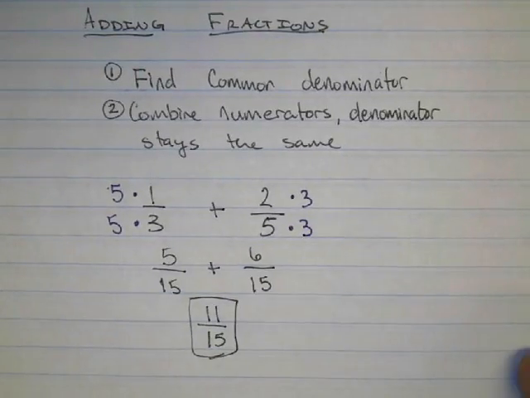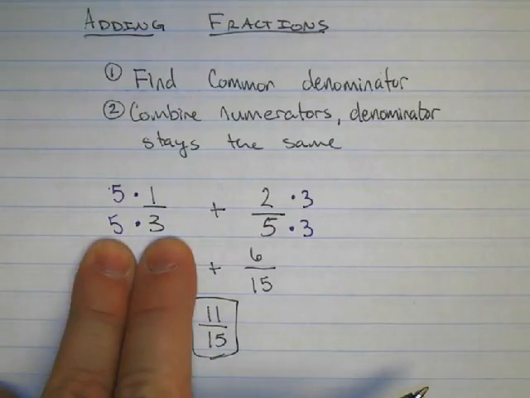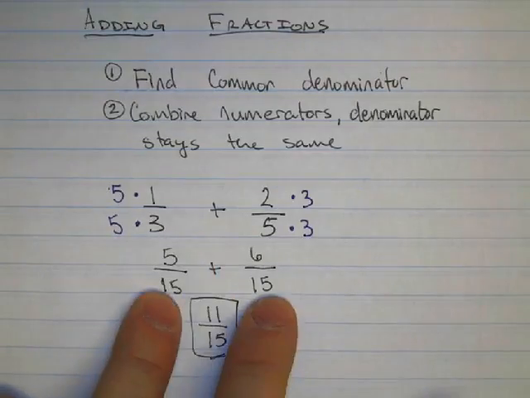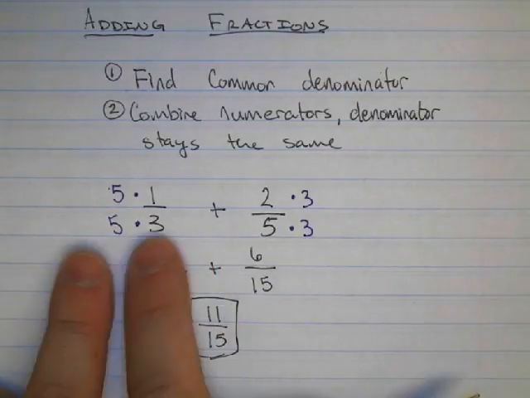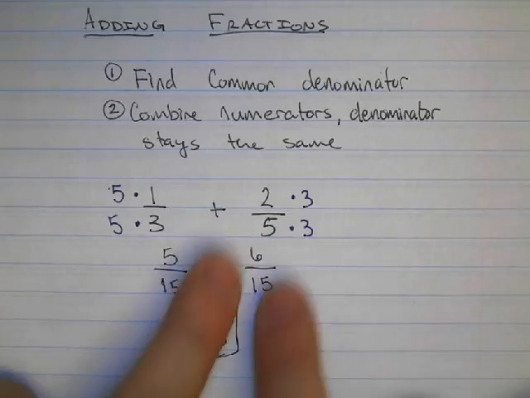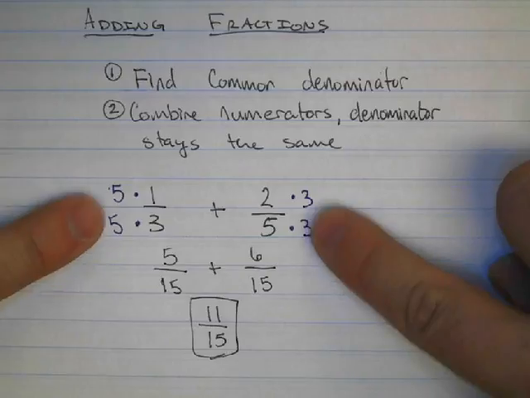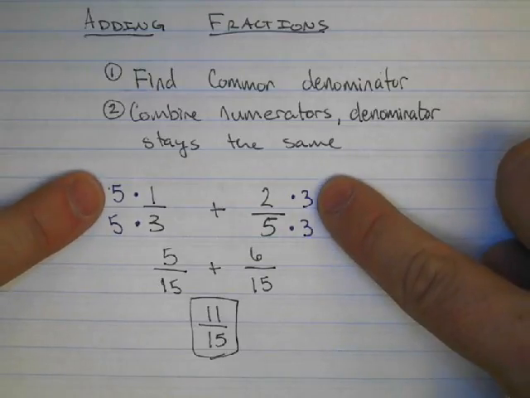There we go. By multiplying the denominators together, 3 times 5, we can always get a common denominator this way. 3 times 5 is 15, 5 times 3 is 15. And we just have to remember whatever I do to the bottom, I do the same thing to the top.